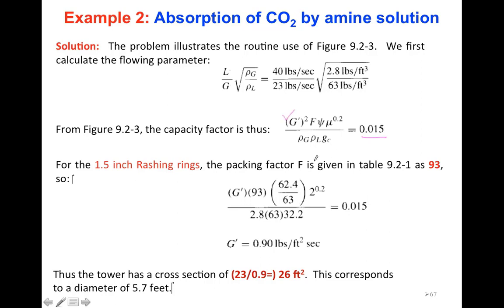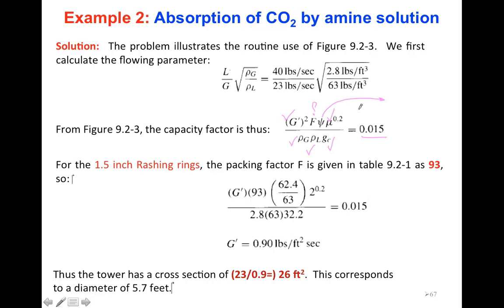Now I need to calculate G prime. I have rho G, the gas density, the liquid density, and gc, the gravitational acceleration, which is given. I also have the viscosity. I need to find the packing parameter, and also this term, which is the specific gravity of the liquid phase divided by the specific gravity of water.